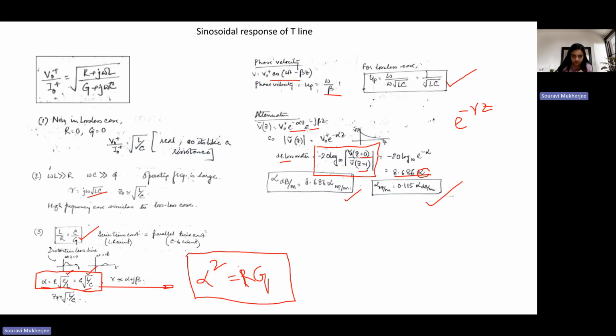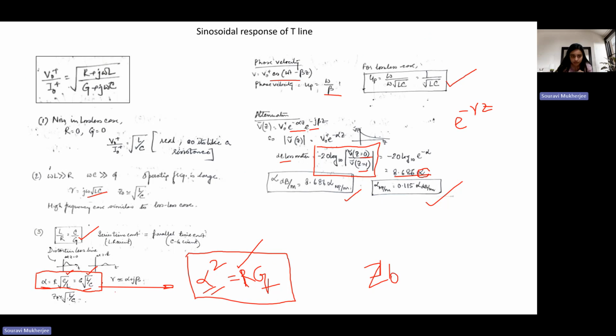Now, in your question, R is given and you want to find alpha. That means you have to find G. What is the other thing that is known to us? Z naught is known in the question.